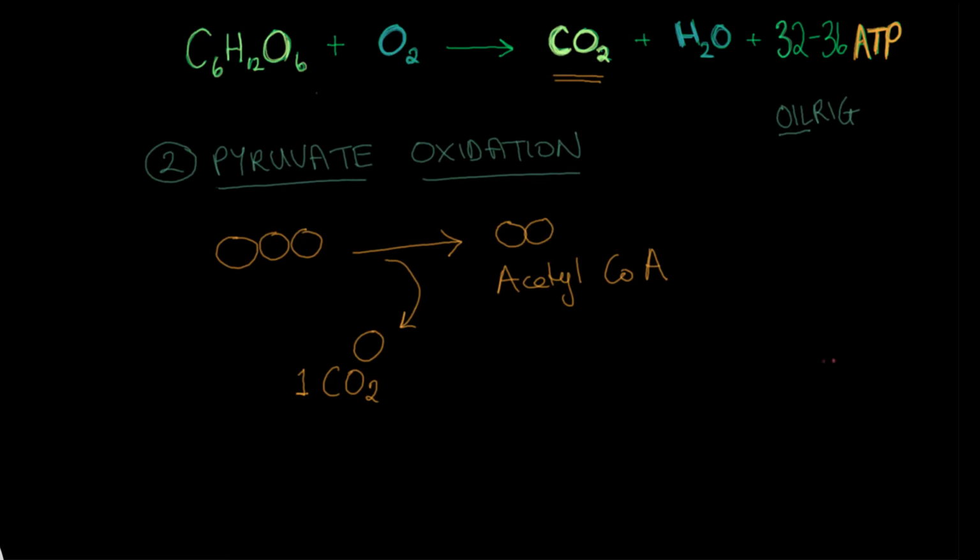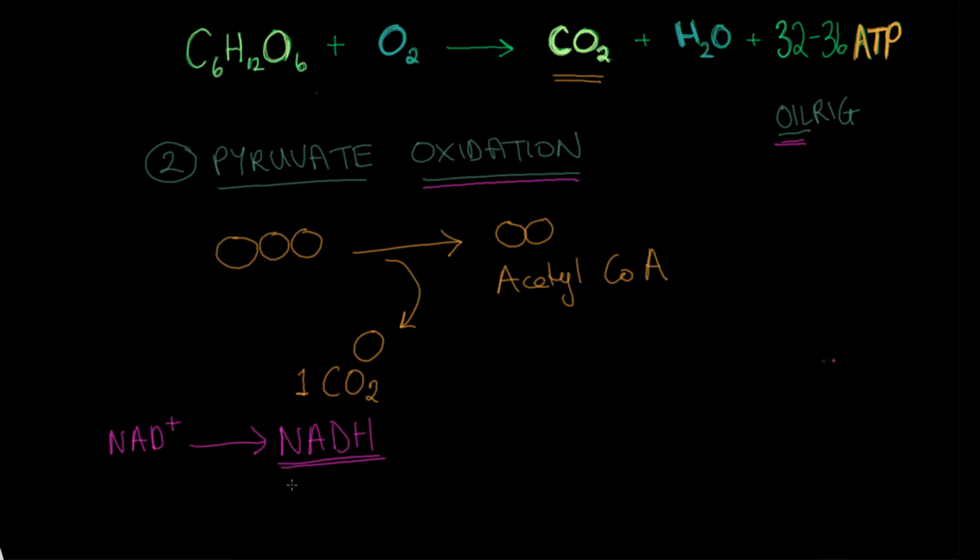Okay. In the process, we are also going to make NADH. Okay, remember we have oxidized pyruvate. Oxidation is loss of electrons. We're going to put those electrons onto NAD plus to make NADH, a high energy electron carrier.